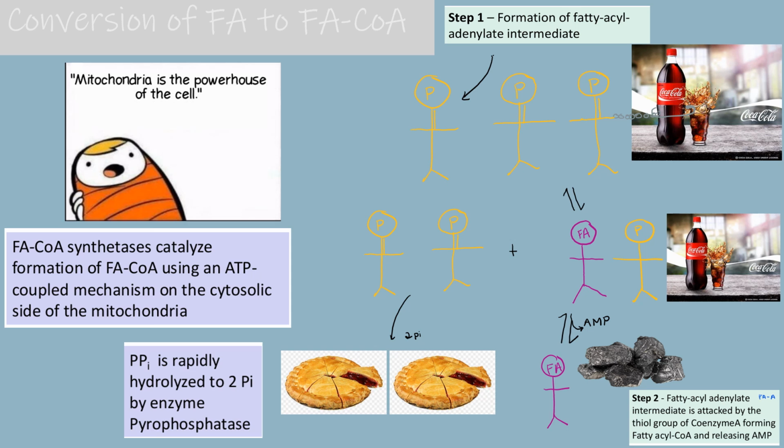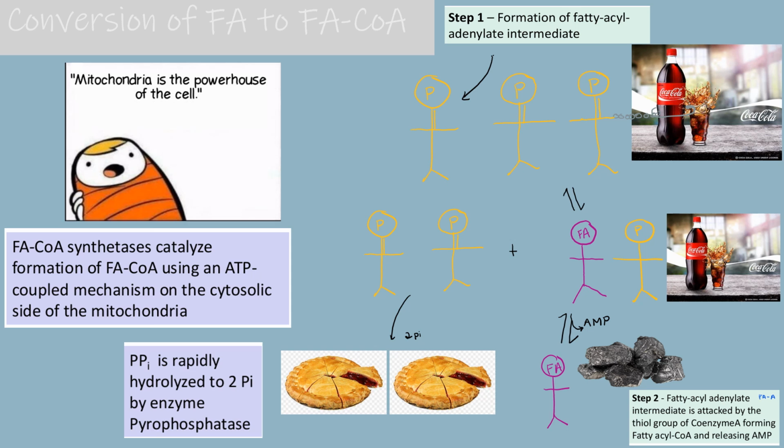So its intermediate is attacked by the thiol group of coenzyme A, forming that fatty acyl coenzyme A and releasing the AMP. And then from there we can see that our fatty acid essentially left our little phosphate group, or little person, and is seen in combination with coenzyme A. And again, our coenzyme A is represented as our cow.